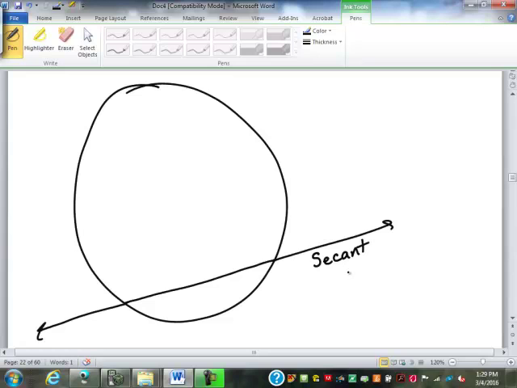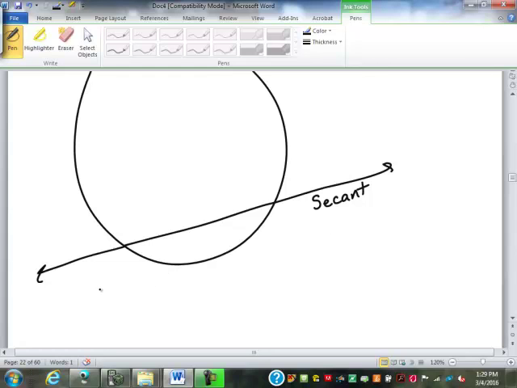Secant. A line that just touches the outside edge of the circle but does not penetrate it is called a tangent. Means to touch. And it actually touches the circle at exactly one single point.